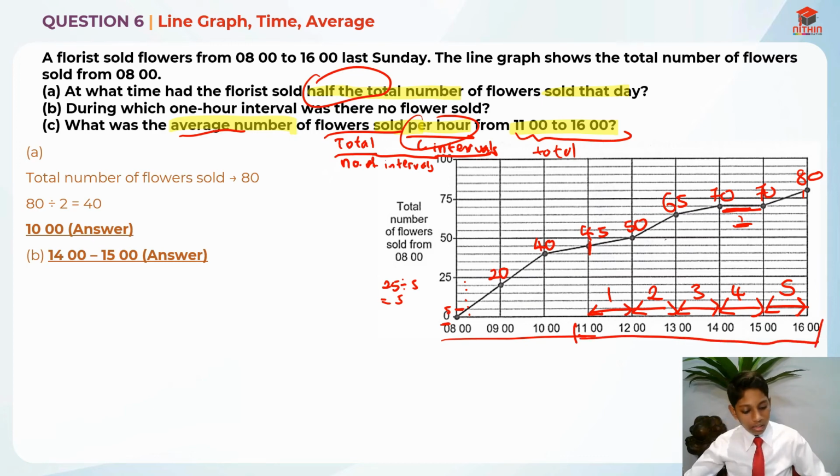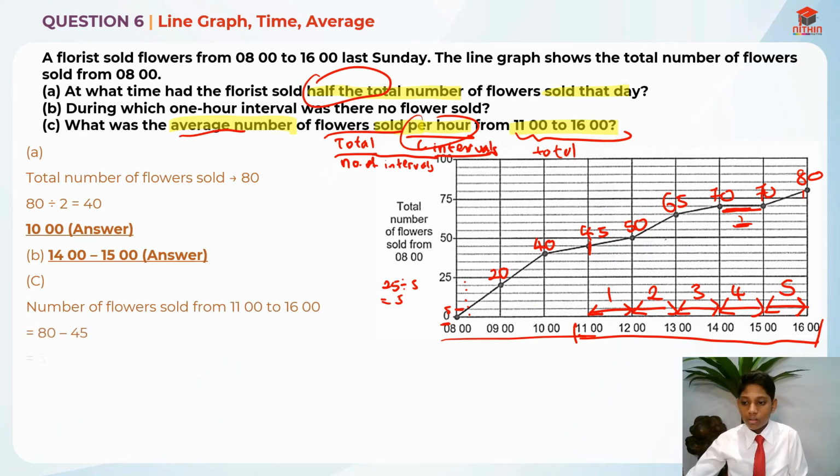So we need to take 80 minus 45, which will give us the total number of flowers sold from 1100 to 1600. So it will give us 35. So in order to find the average number of flowers sold per hour from 1100 to 1600, I'm going to take 35 divided by 5 intervals. That will give me 7 as the final answer. So the average number of flowers sold from 1100 to 1600 per hour was 7.